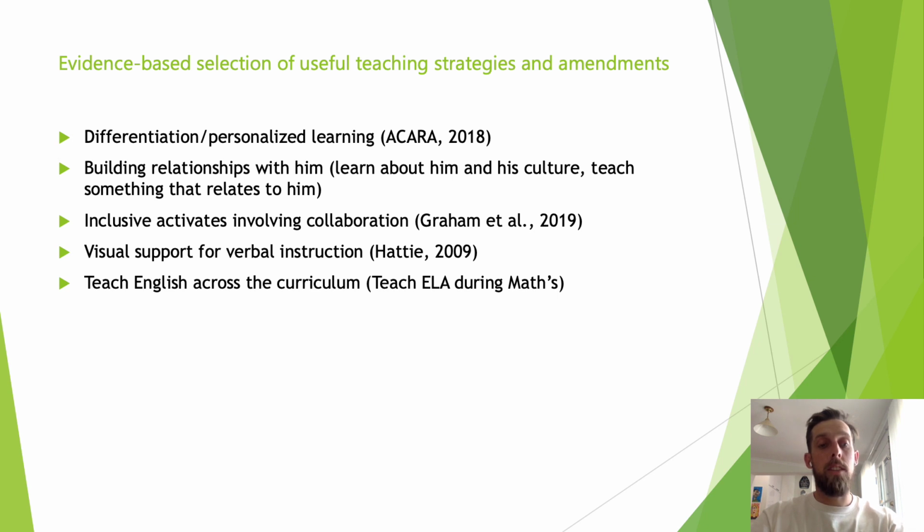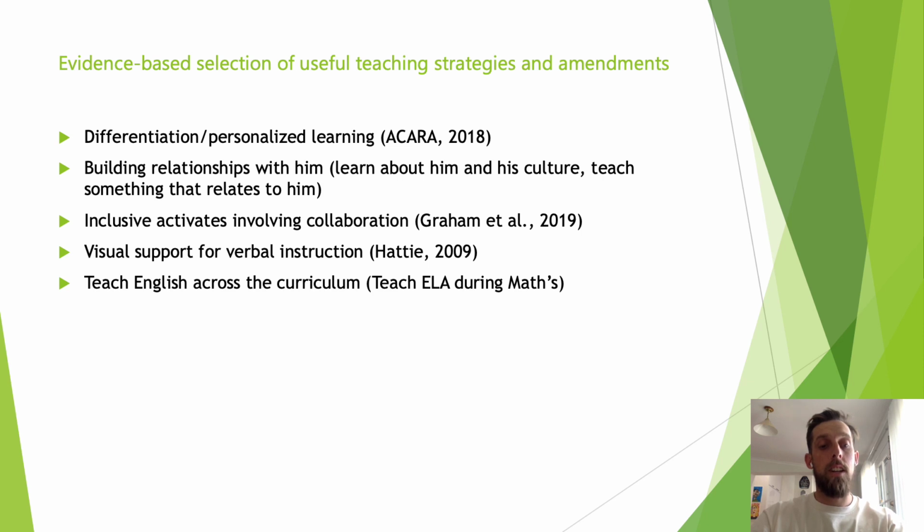Setting work that is different from the other students but is still testing Nielsen will achieve greater learning for Nielsen. This could include using visual support for the verbal instructions given, using IT or pictures or videos, as they are always engaging.